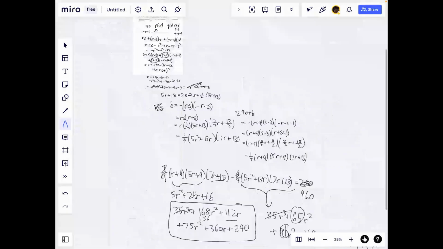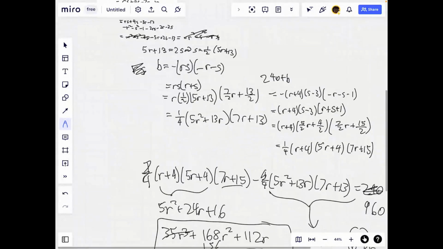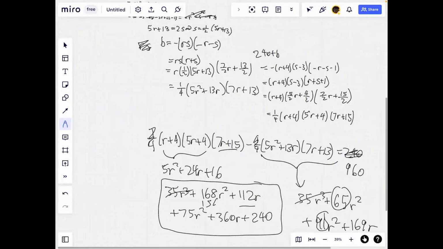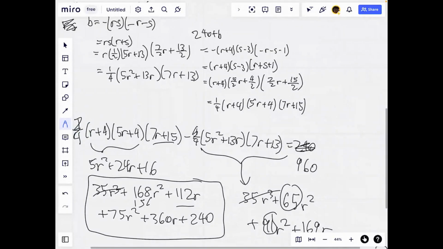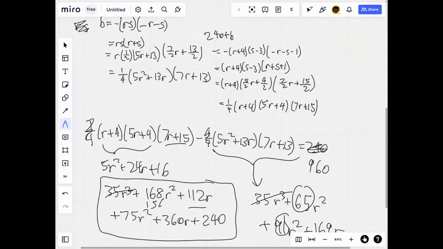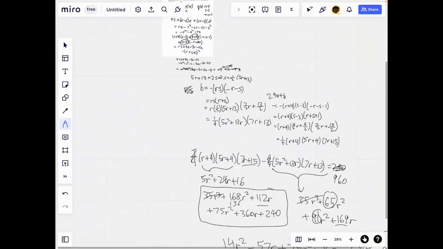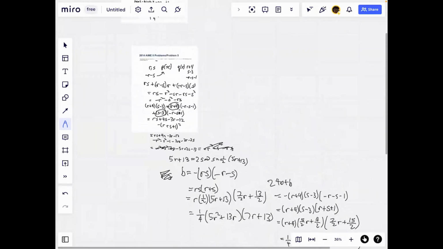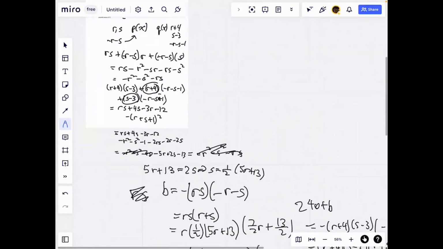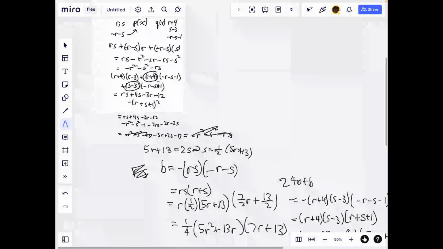So the roots of r, s, so the roots are r plus 4, s minus 3, and minus r minus s minus 1.